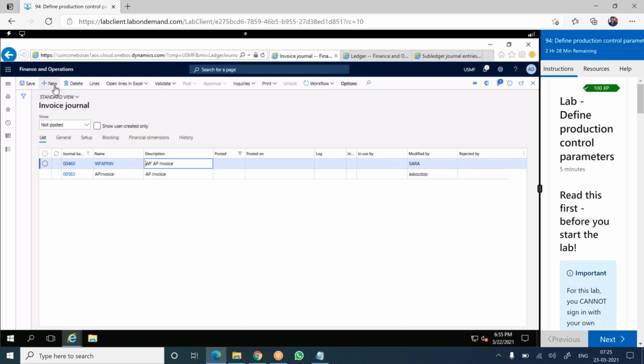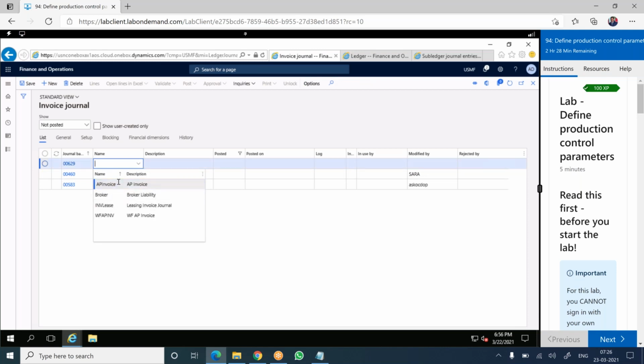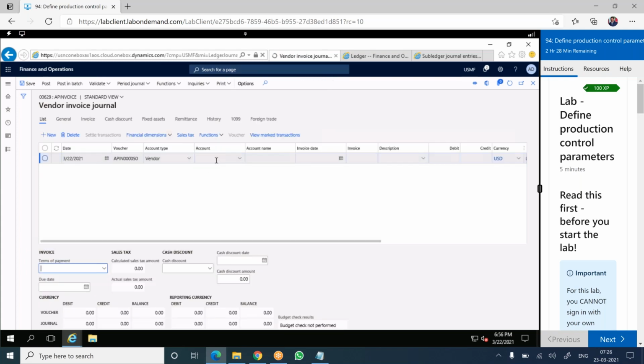Click on the new button, select the journal name. We are going to configure this as per the client requirement. Click on lines. Select the vendor account.